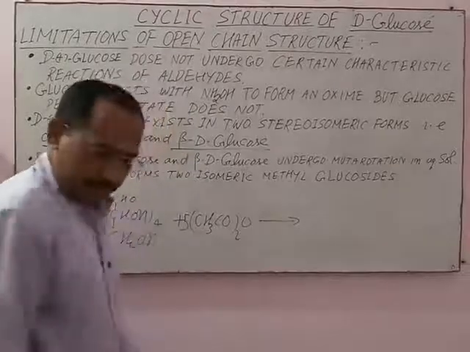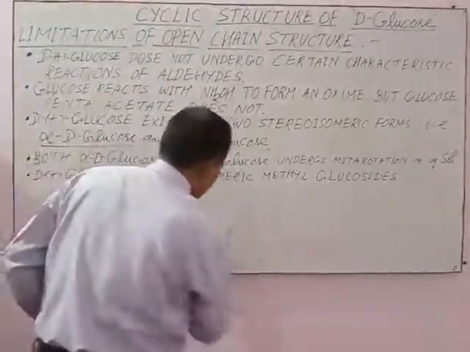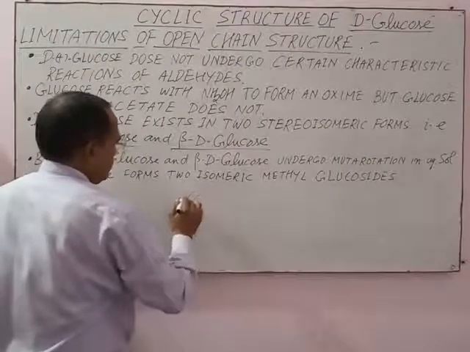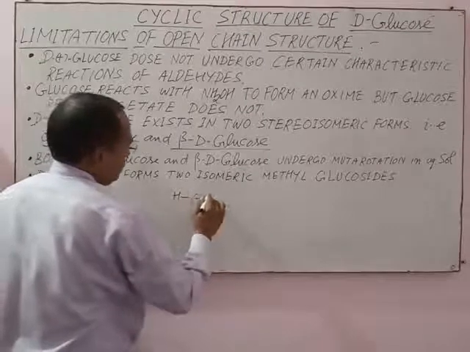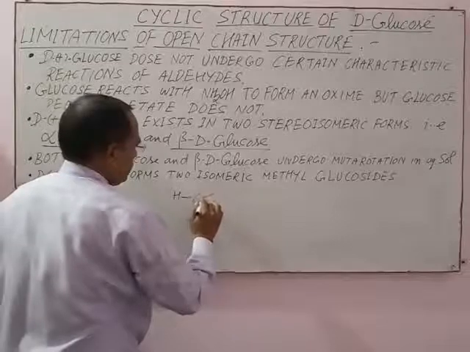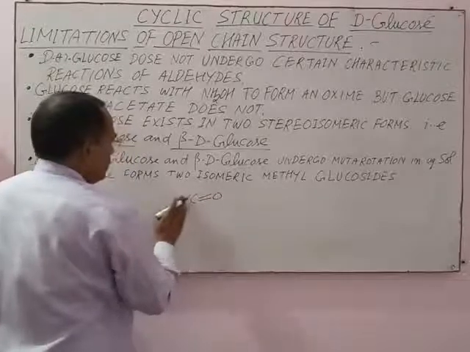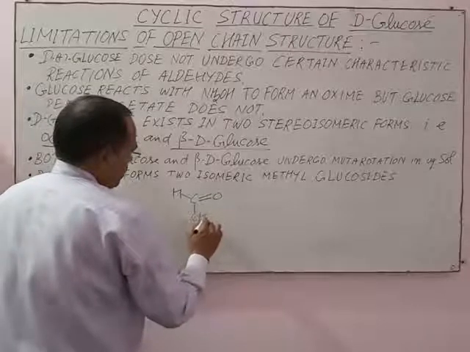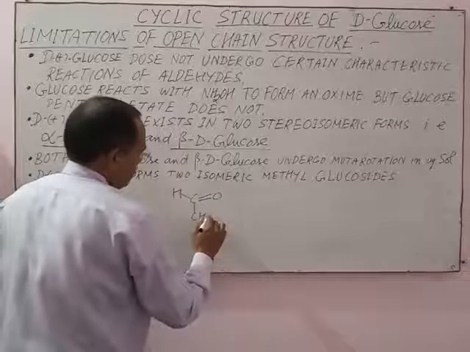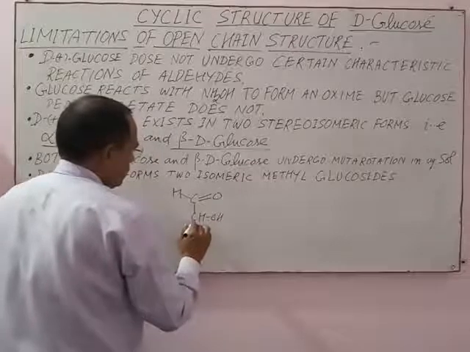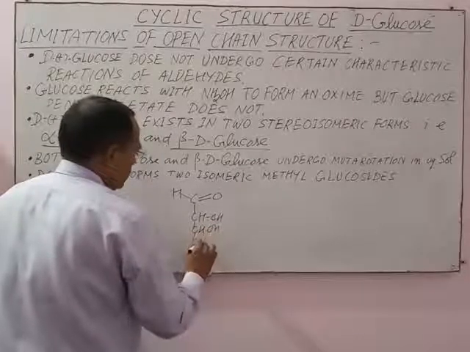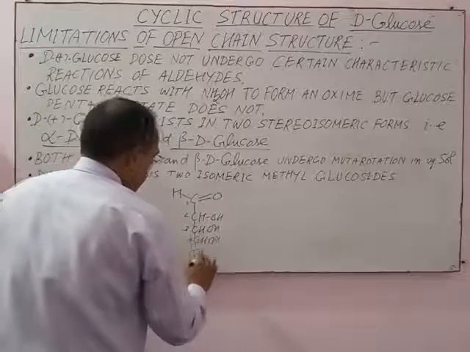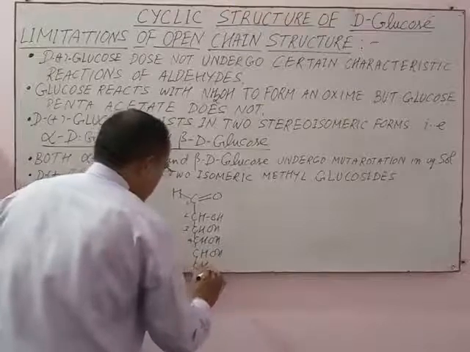What is glycosidic carbon? In the glucose molecule, this is the CHO group, CHOH, CHOH, CHOH, 1, 2, 3, 4, 5 and 6.